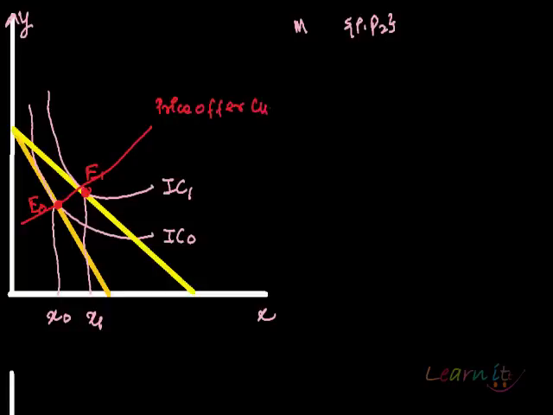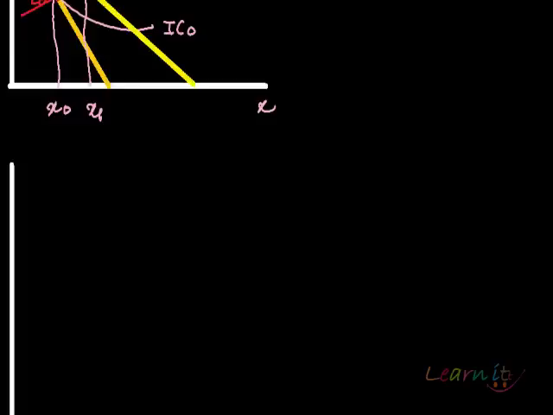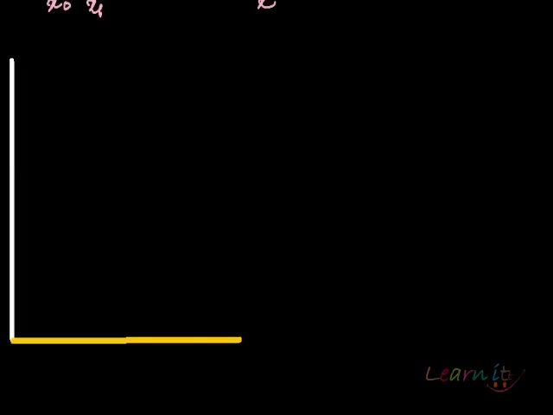This is the curve in the case of the normal good, your ordinary goods. So these are ordinary goods, that is, when the price of these goods falls, the demand for these goods increases, and when the price of these goods increases, the demand for these goods would fall.